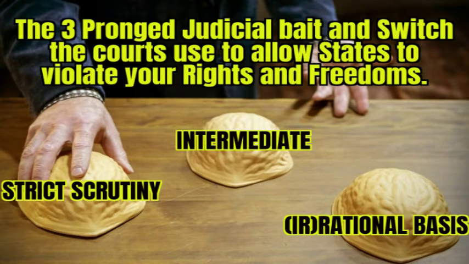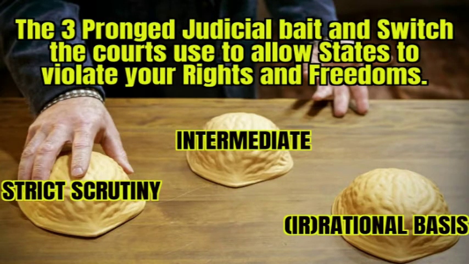So the level of scrutiny that applies basically determines how a court will go about analyzing a law and its effects. It also determines which party, the challenger or the government, is going to be the one to have to challenge the constitutionality of whatever things you're wishing to challenge, that the state or the federal government is enforcing.